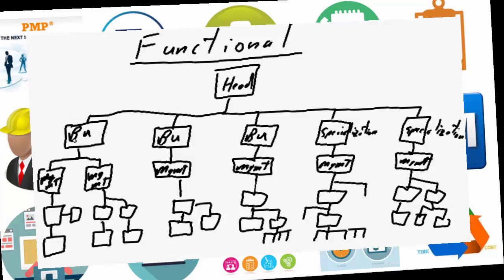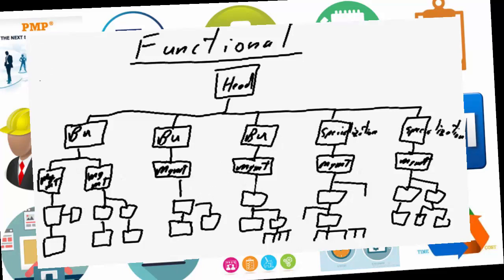So this is a business unit dealing with customer-facing work, and the specialization may be internal accounting, internal IT, or whatever the various organizational specializations may be. Then within each of our business units and our specializations, we do the appropriate levels of breakdown to management, through to staff, and so on throughout an organization. So a functional organization is very much the traditional company organization chart that everybody is familiar with.